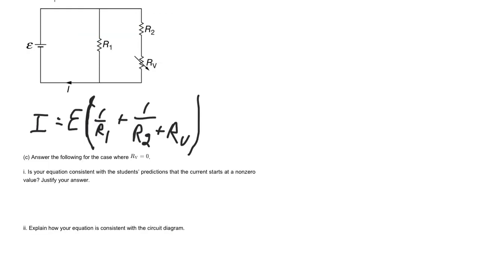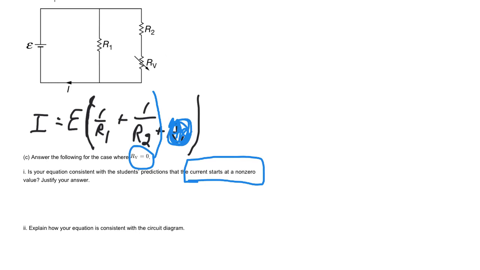Question C is looking at us to analyze a case when RV equals 0. The first question says, is it consistent that the current starts at a non-zero value? So in other words, when RV equals 0, is the current going to be non-zero? This is fairly straightforward. Once you have your equation, when RV equals 0, this goes to 0, and so your equation becomes I equals epsilon times 1 over R1 plus 1 over R2.